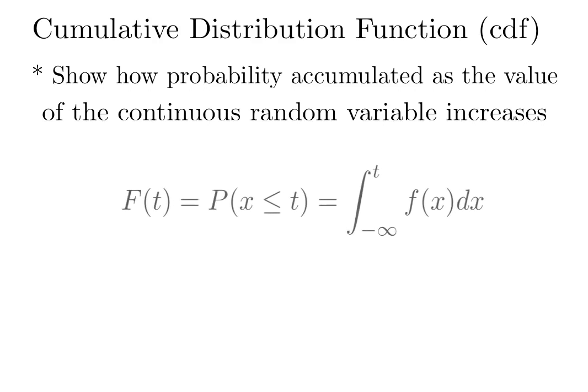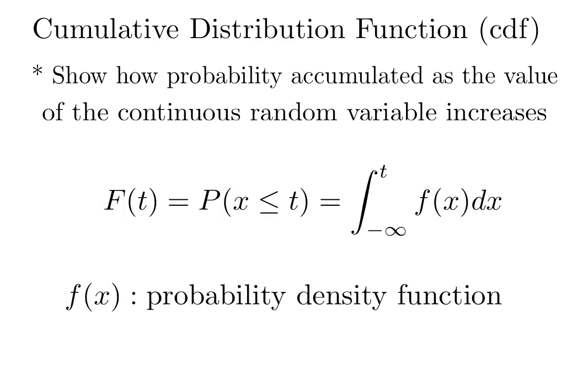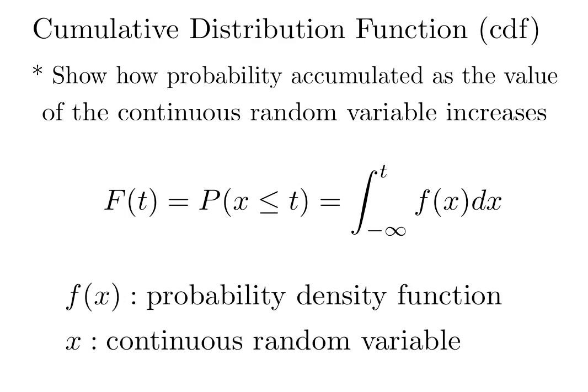The formula for the CDF is capital F of t equal to the probability of x less than or equal to t, which is also equal to the improper integral from negative infinity to t of f of x dx, where f of x is the probability density function and x is the continuous random variable.